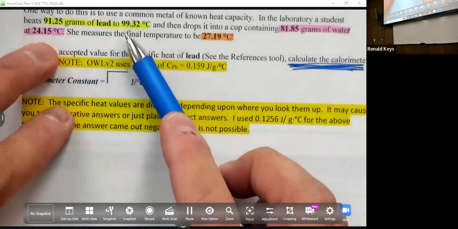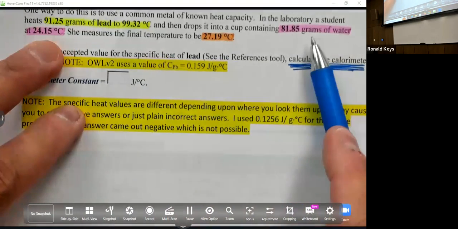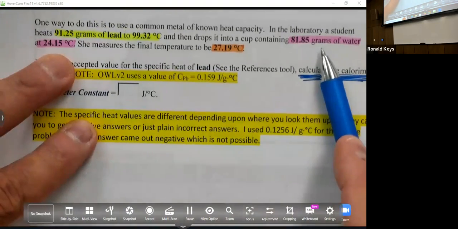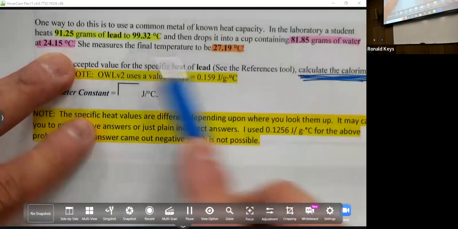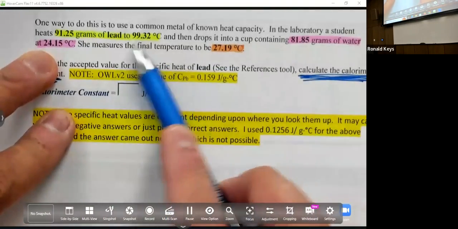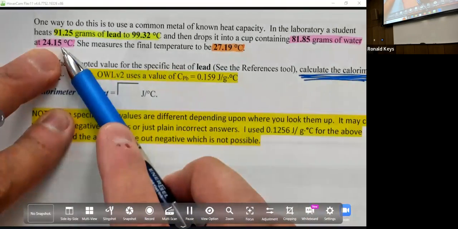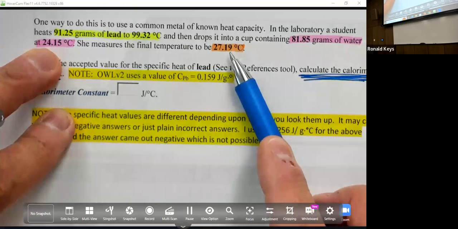So we know that this lead at 99.32 dropped into water and the cup. So the water and cup are at the same initial temperature. The lead is going to cool down. The water and the cup are going to heat up. In fact, they heat up to, from 24.15, goes up to 27.19.